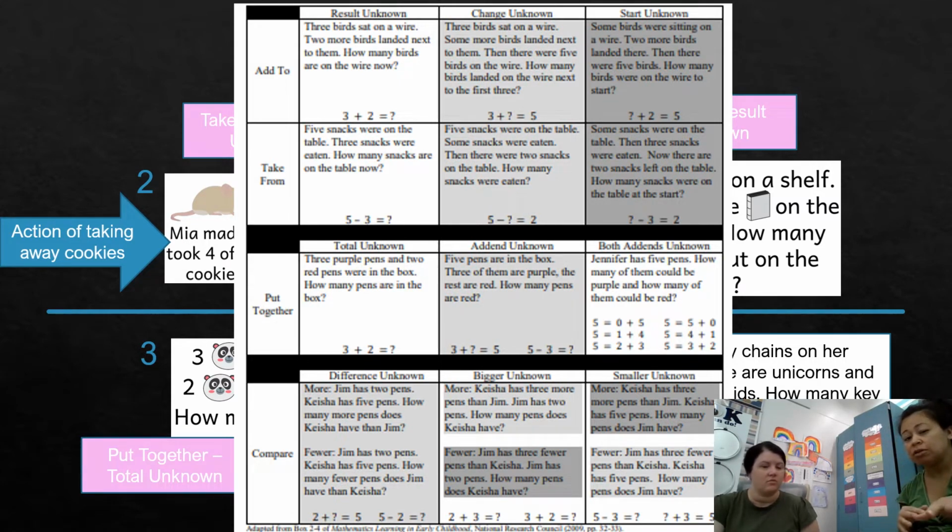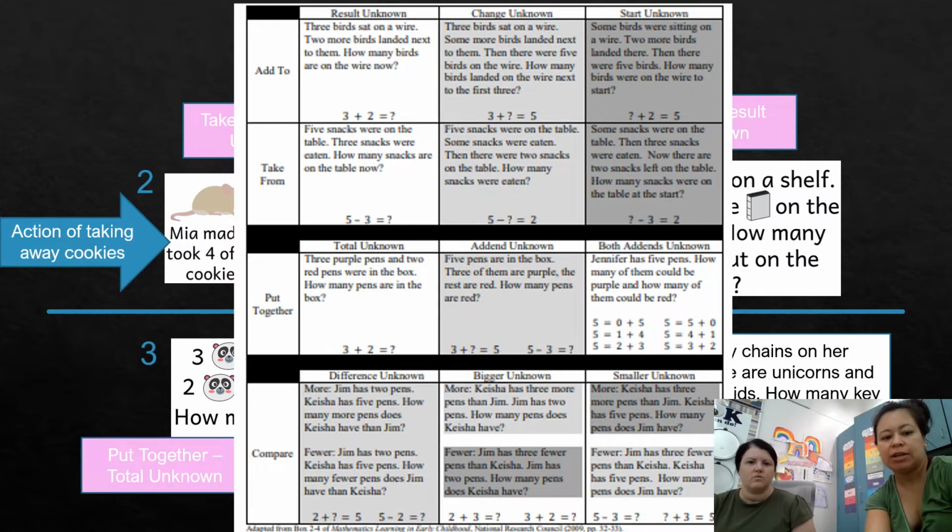So just because those light gray are first grade expectations, does that mean you can't ever expose some of your kids to those word problems? No, that would be great for the higher learners to start exposing them to things they'll see next year. Yeah, absolutely. So we just want to make sure that our kindergarten students are comfortable with and master those in white. However, we can always push them to deeper understanding.